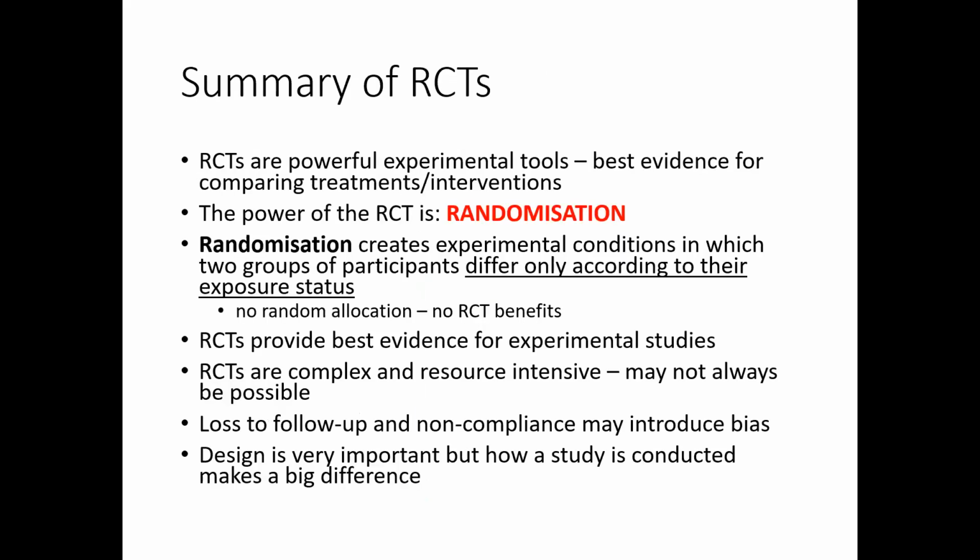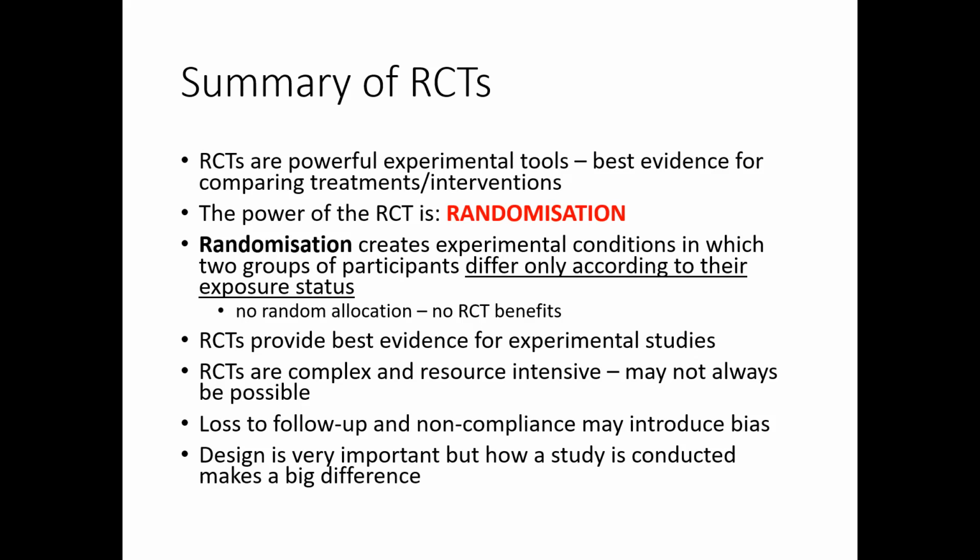So there's a whole science to randomized controlled trials, and today I just want to give you a very quick overview. They're very powerful tools, obviously, and if you want to test an intervention, they're really your only good option.